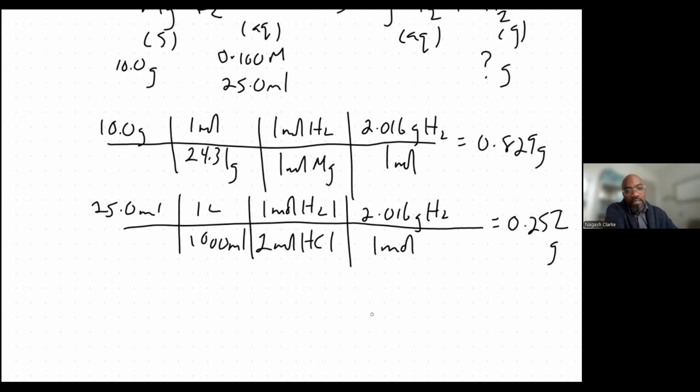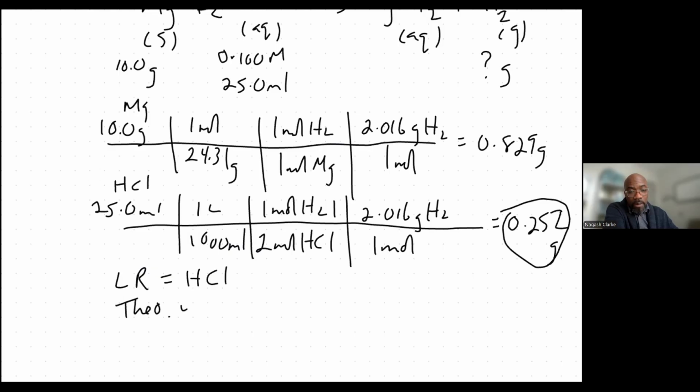So my limiting reactant is what? Is it magnesium or is it HCl? It's HCl because that gave me the smaller amount of product. And the theoretical yield is what?